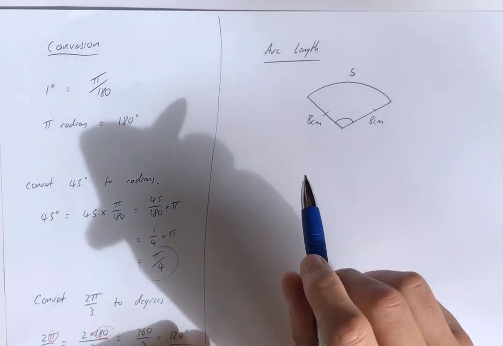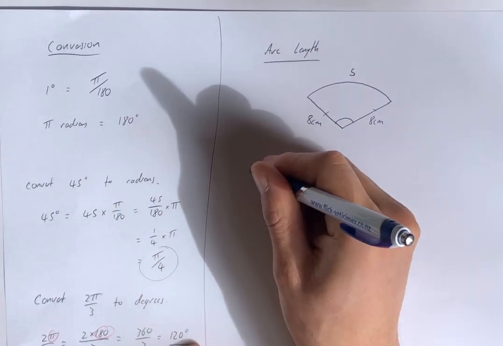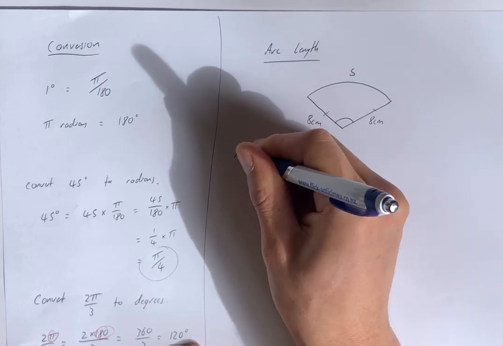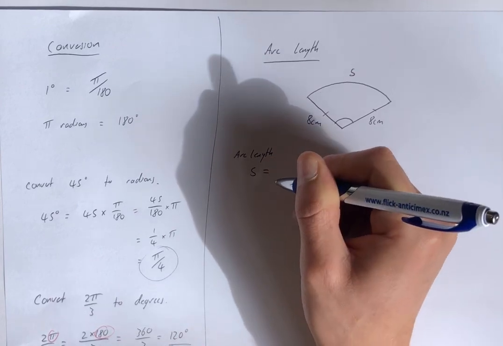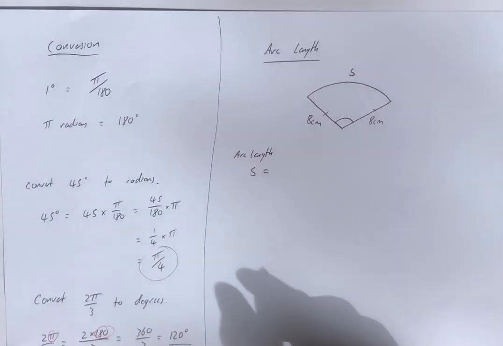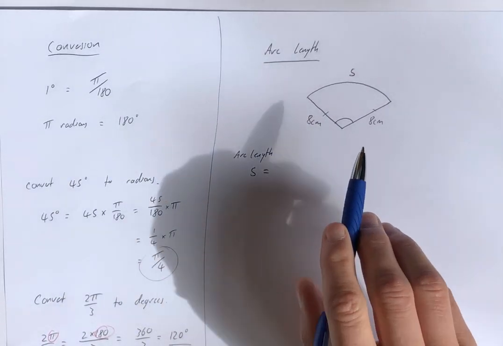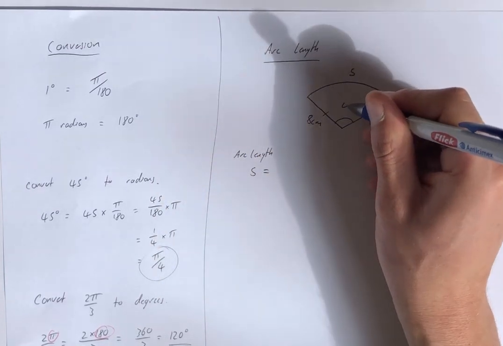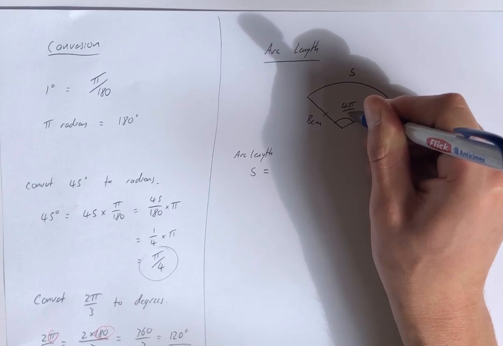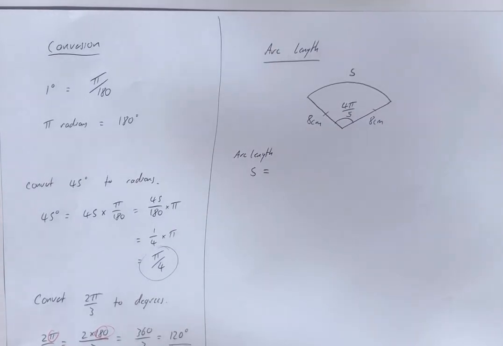Well, we know that the arc length, S, is actually proportional to the radius times the angle. So I haven't actually put the angle in, have I? So that's 4 pi over 5, let's say. You guys might want to just convert that to degrees, see what that is.